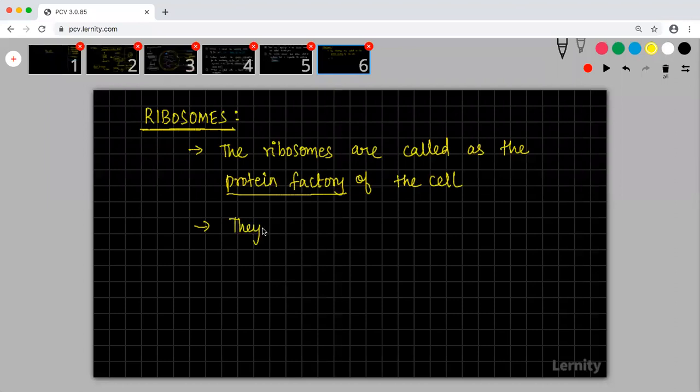They are the organelles where proteins are manufactured. Proteins are produced in a cell.